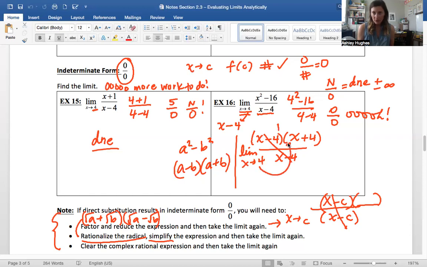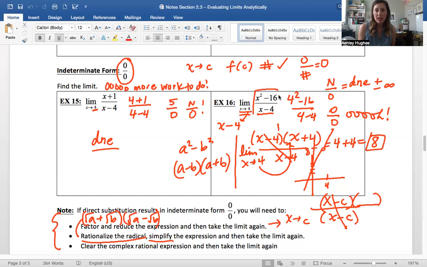So now we're going to plug in 4. 4 plus 4 equals 8. And at 4, you have a hole, and the hole is up at 8. And we were able to figure that out by factoring the top and the bottom, simplifying that factor, and then plugging it into what is left over.